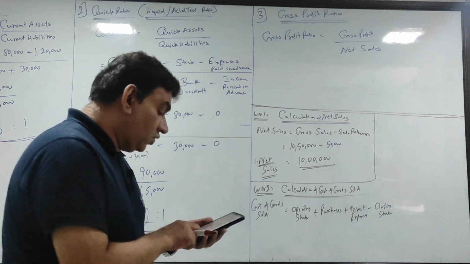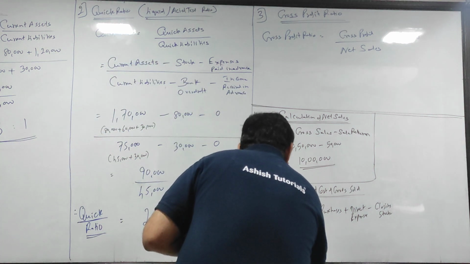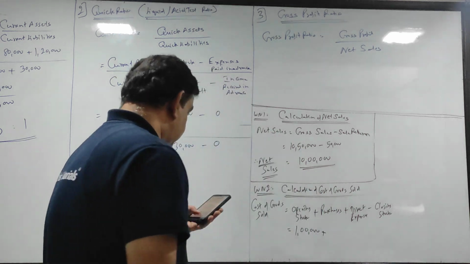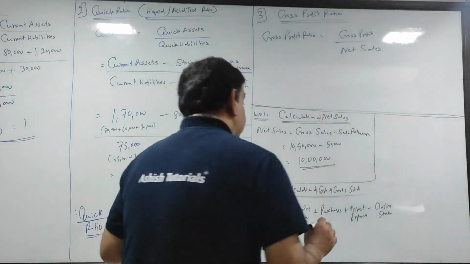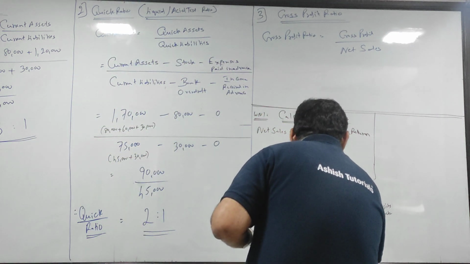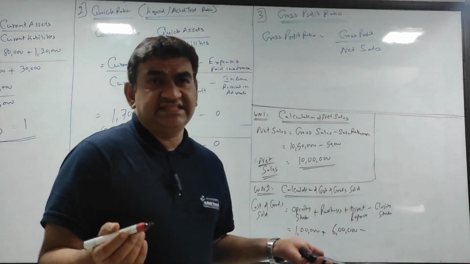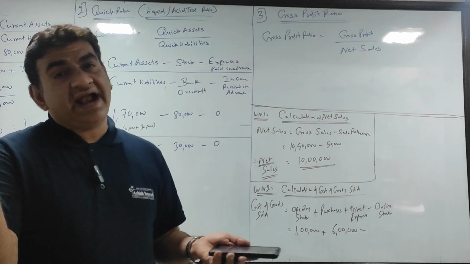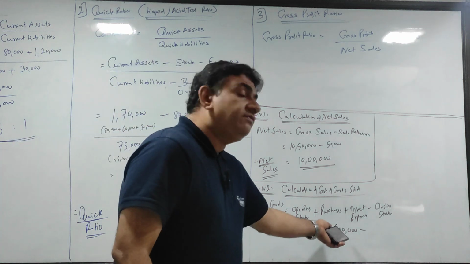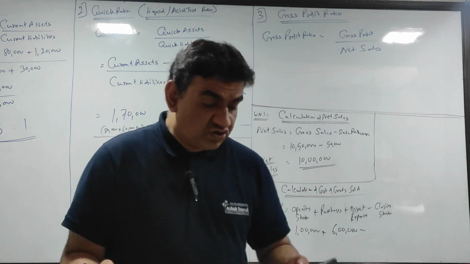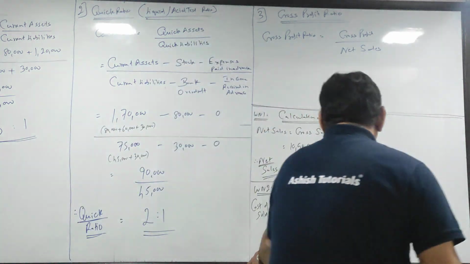Now let's take one by one. Opening stock, how much is my opening stock? 1 lakh. Purchases 6 lakhs. Direct expense normally they don't ask, and it is not in this sum either. If there was, suppose they tell you wages, then you have to add wages, but not in this one. Minus closing stock. How much is closing stock? 80,000.